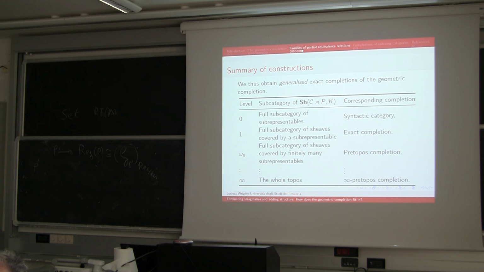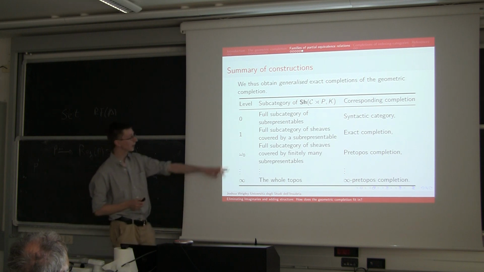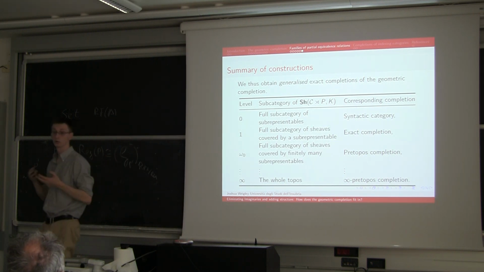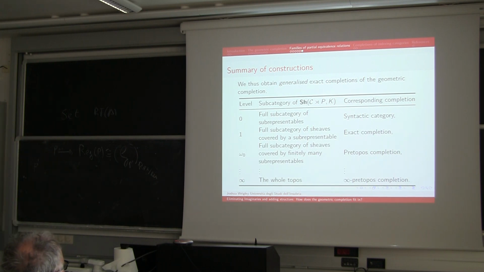It's not saying that if we take the full subcategory of sub-representables, that is sub-objects of a representable in this topos, then it always gives the syntactic category. It's saying that it does in the case when we have the Cartesian baseness assumption, because these categories here won't have the finite limit structure that we would want them to have, because that's actually coming from the indexing category that you're starting off with.